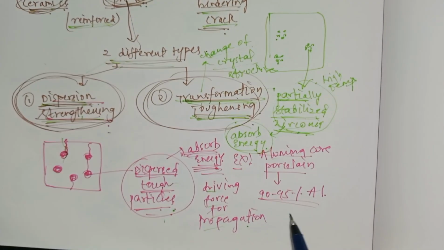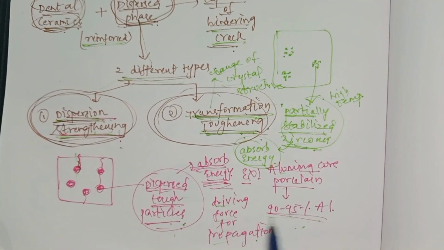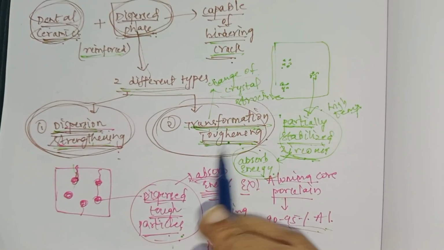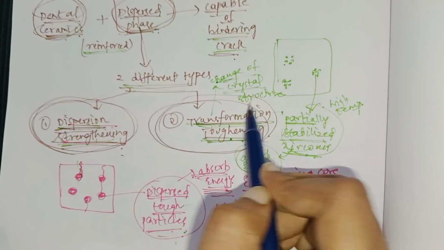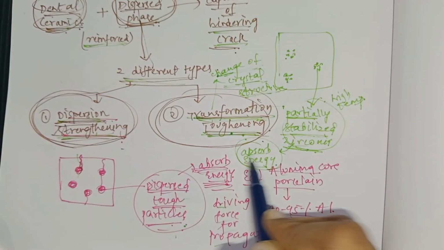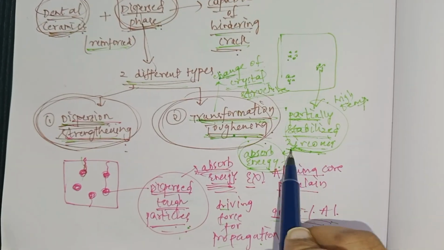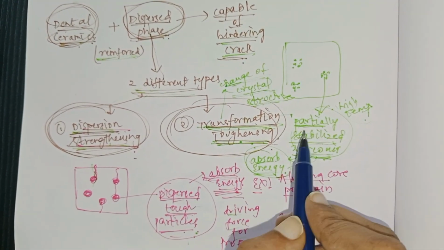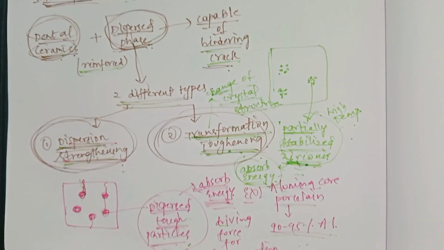Example, alumina core porcelain, 90 to 95% alumina. Whereas in transformation toughening, the change of crystal structure occurs, which absorbs the energy. Example is partially stabilized zirconia introduced into ceramics at high temperature.